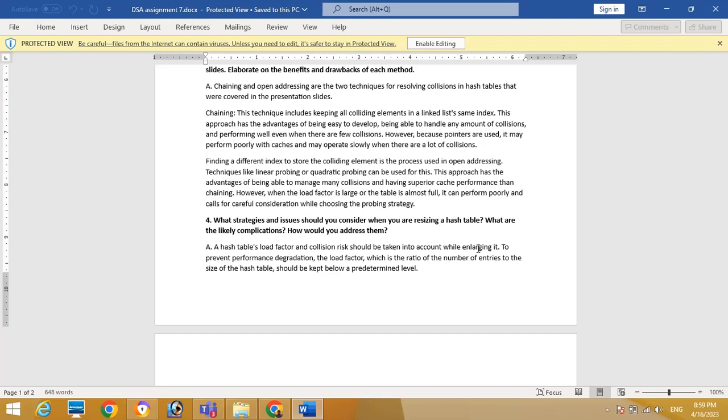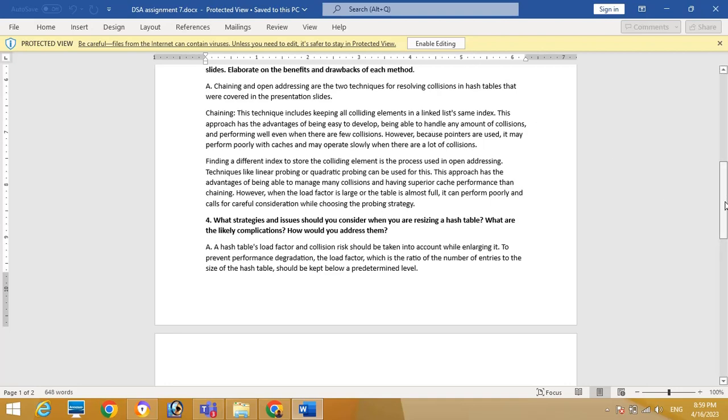What strategies should you consider when you are resizing a hash table, and what are the likely complications? How would you address them? A hash table's load factor and collision risk should be taken into account while enlarging it. To prevent performance degradation, the load factor, the ratio of the number of entries to the size of the hash table, should be kept below a predetermined level.